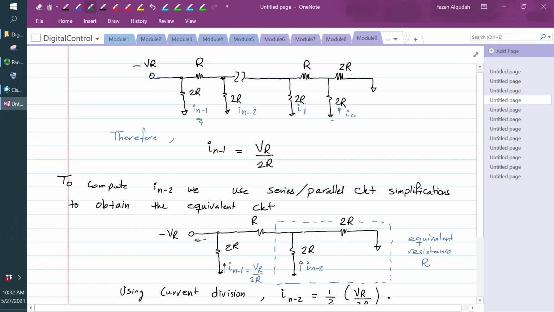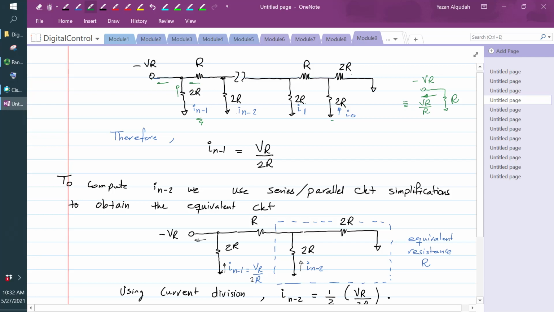Therefore, the current that is coming through this VR is going to equal VR divided by R. Does that make sense? So again, I can make the equivalent of all this to be negative VR and then just an R. And therefore this current, although the direction is going to be this way, is going to just equal VR divided by R. Now this current that we just calculated is going to split between here and here.